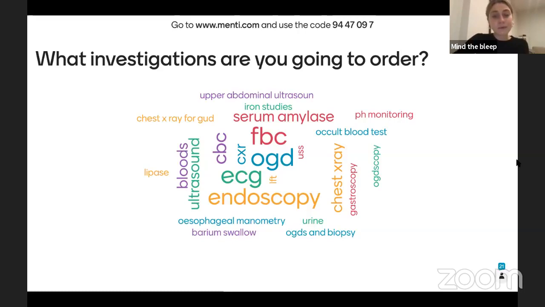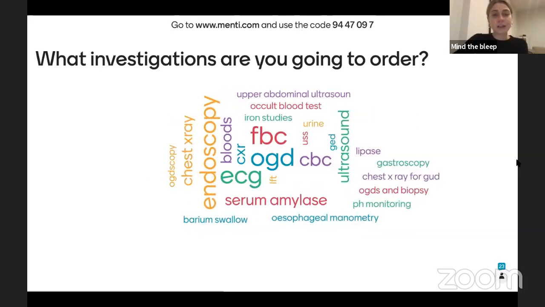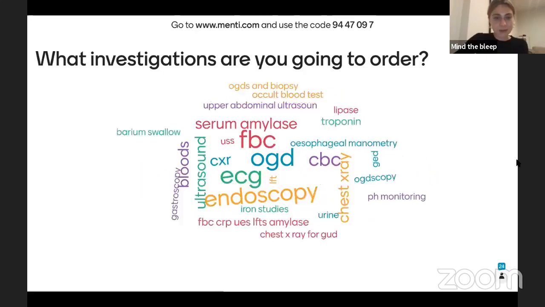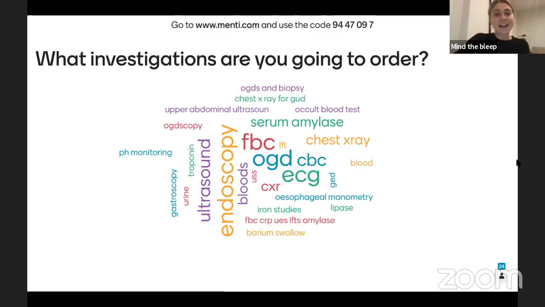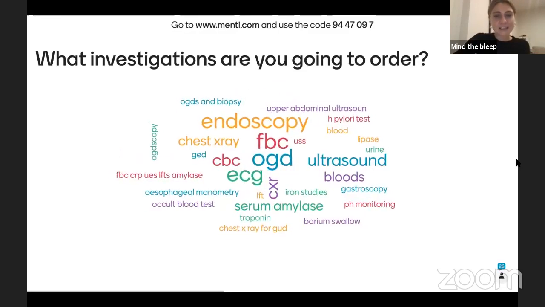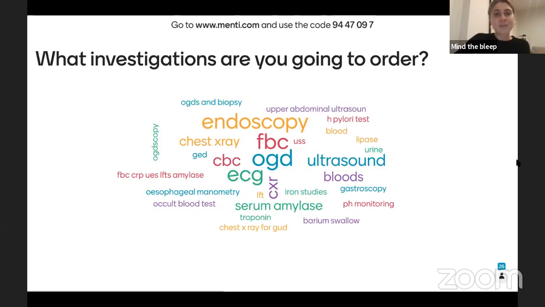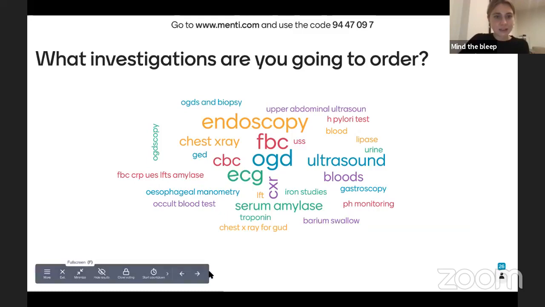The most important test in here would be the endoscopy, which I'm going to talk you through. And there are also other tests which you have rightly identified, so esophageal manometry, that's a very important test as well. And these are all very good answers. So I'm going to tell you what we're going to do for John in just a second.